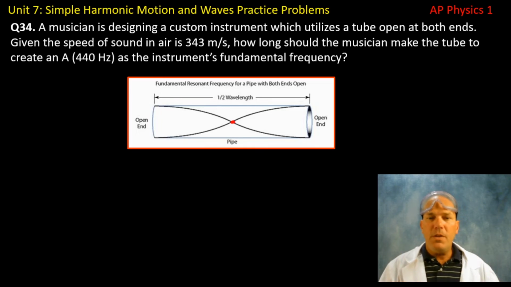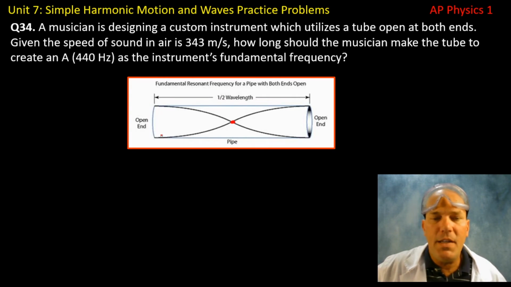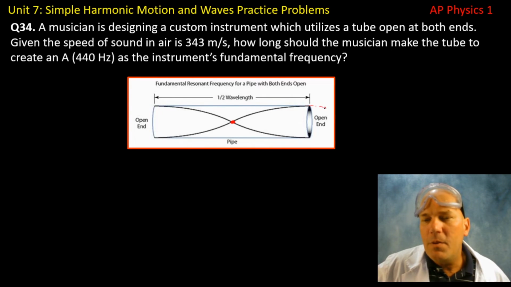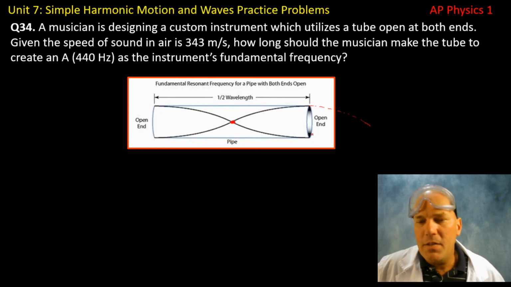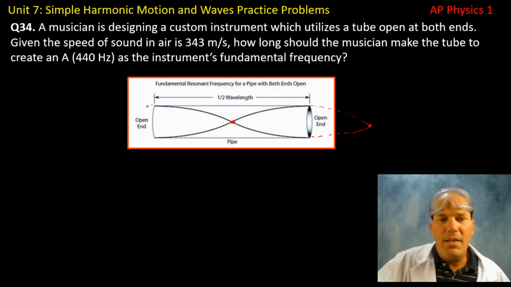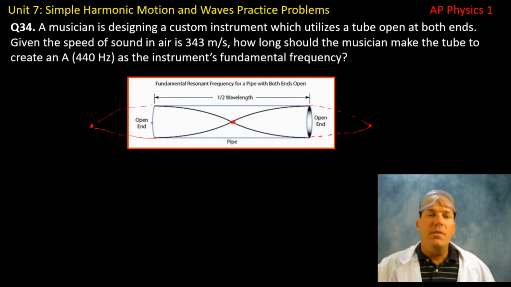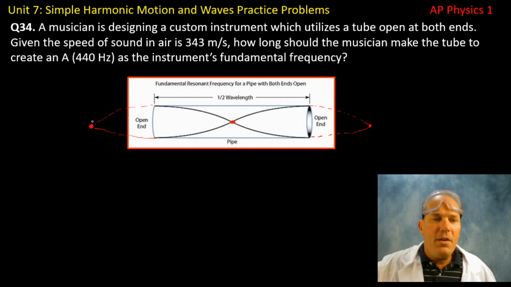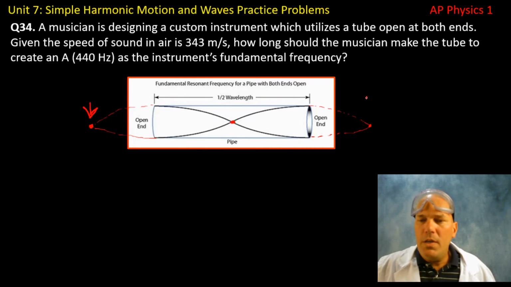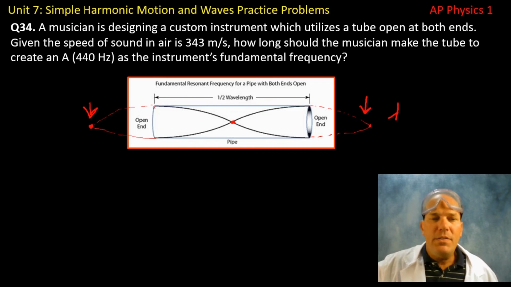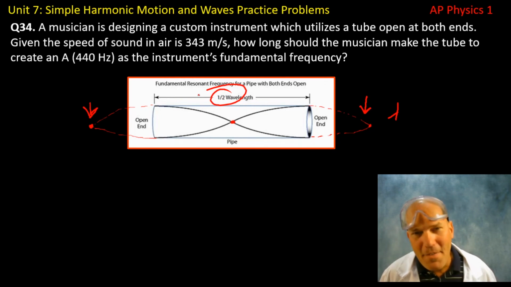However, if you look at this and consider extending what the distance would be to help you visualize, as we've done in class, you can kind of get that idea here of the mathematical relationship. So if from here to here is one wavelength or lambda, this distance from here to here is 1/2 of lambda.